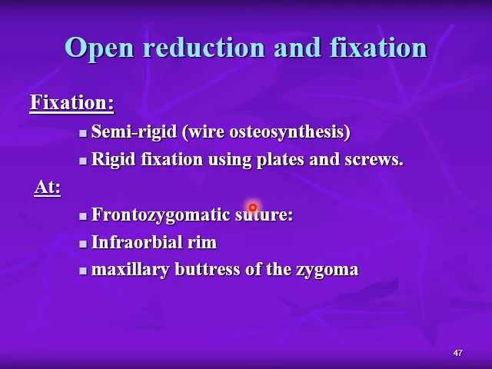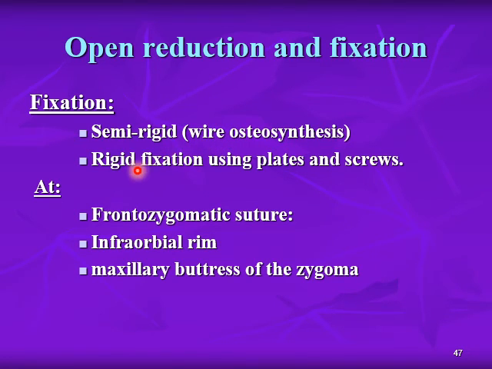After reduction of zygomatic bone, if the zygomatic bone is not stable, we must fix it. So we must use fixation. Fixation can be done with wire osteosynthesis, but it has become history and is not used nowadays.